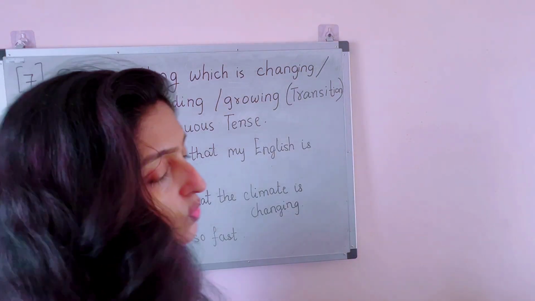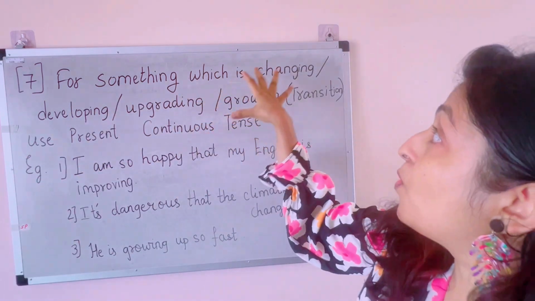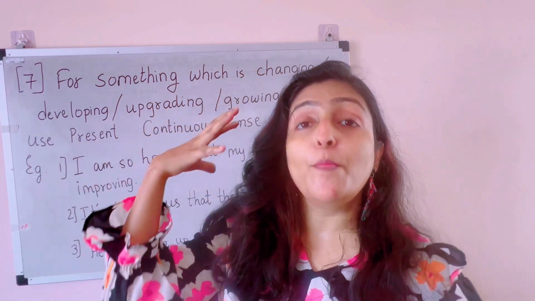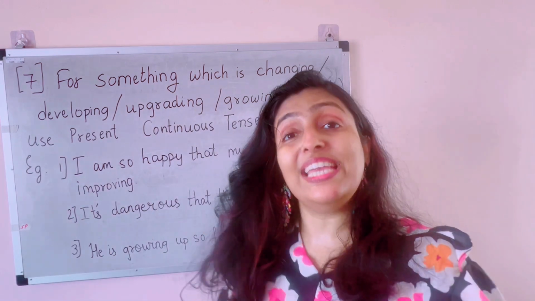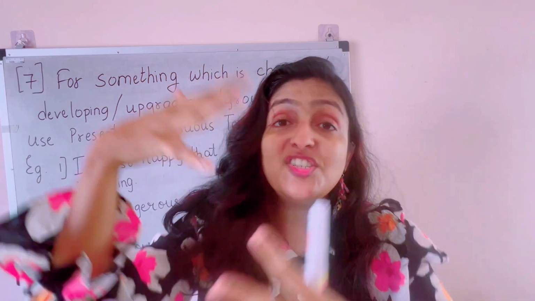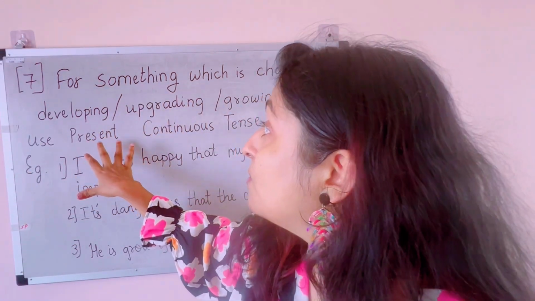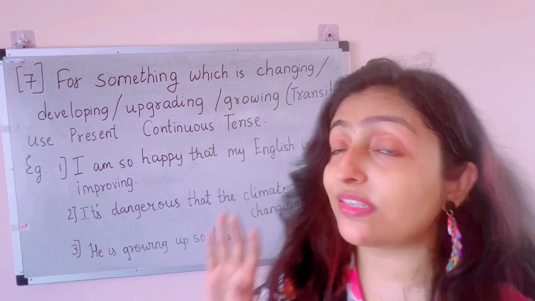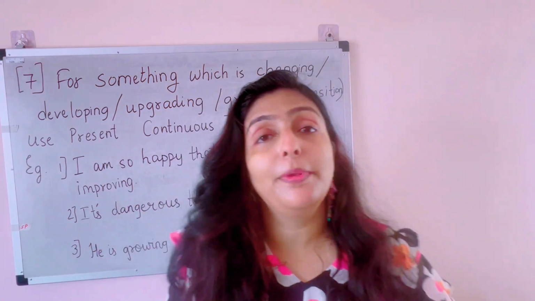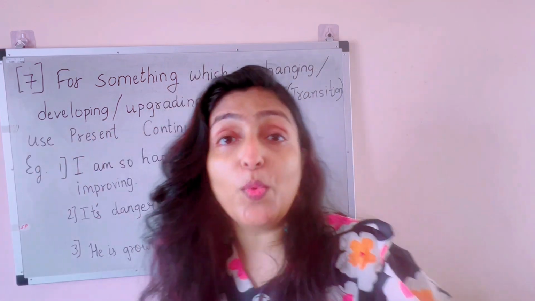So next is rule 7, and it says, for something which is changing or developing, progressing, upgrading, I can use the word transition. It's in change. In such cases, we can use present continuous tense. For example, the first example is, I'm so happy that my English is improving.